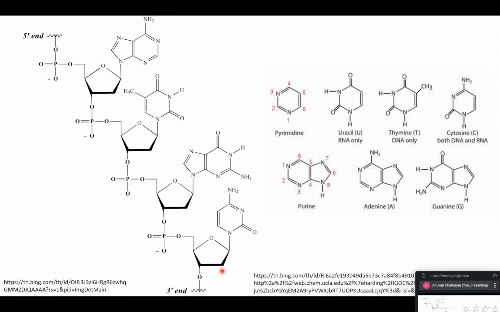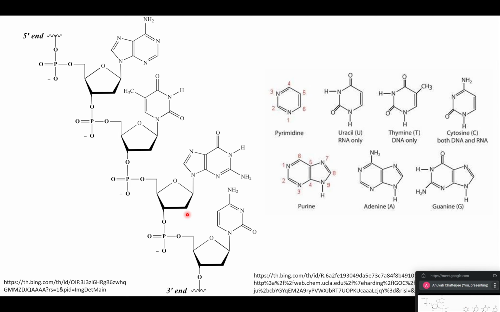As Aruna has said, Shraddhanjali also says the same. You are absolutely correct. And this removal of an OH actually makes the DNA much more stable as compared to its RNA counterparts.